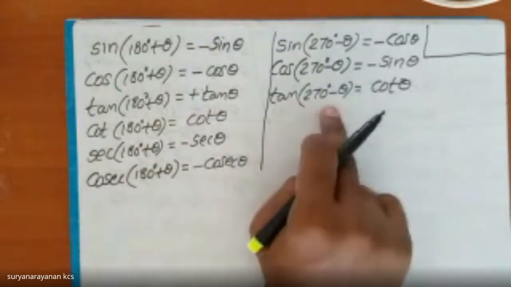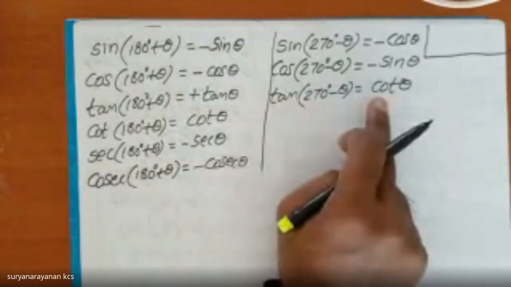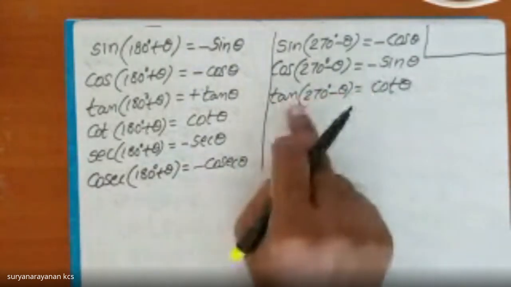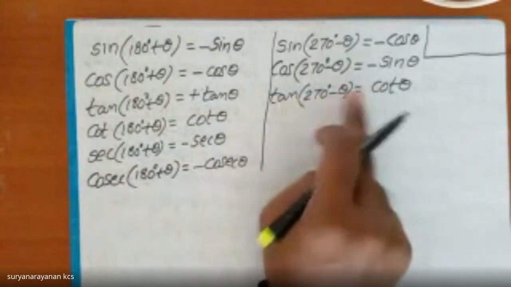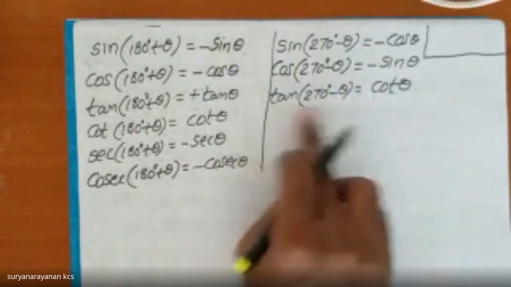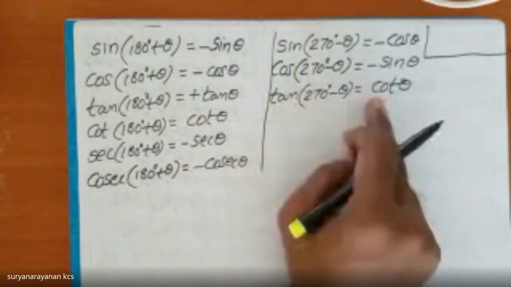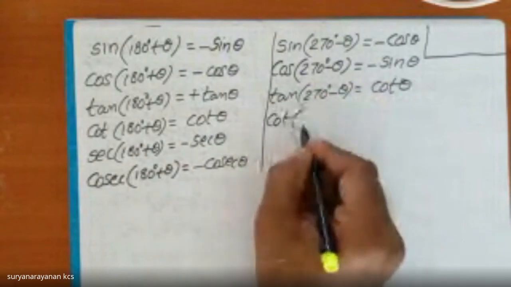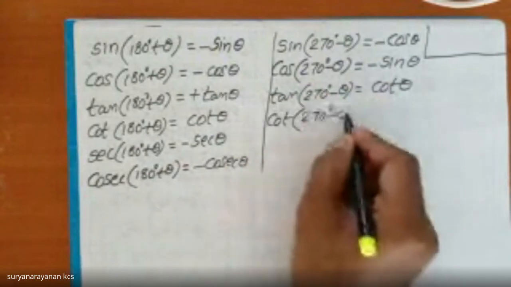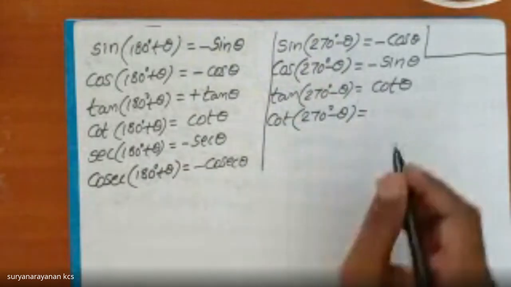In the third quadrant, tan is positive. Okay, Samuel, please rectify the mistake. Don't be confused here. Cot 270 degrees minus theta. Tell me. Yes, very good, Ria. Very good. Percy, tan theta.